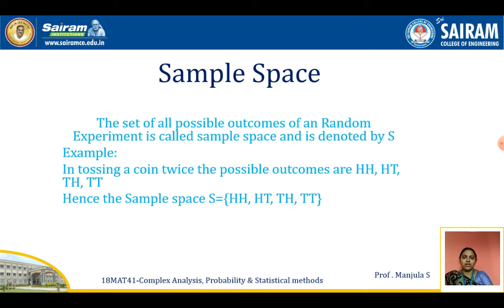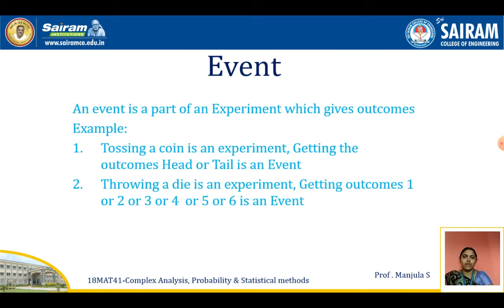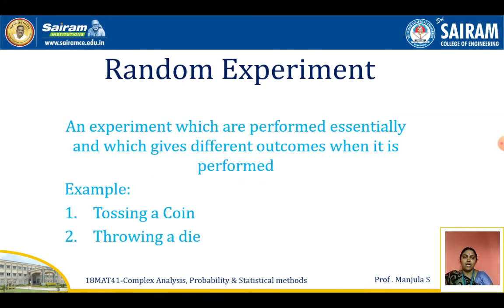Random experiment. Now, one by one, we'll see the basic definitions. The first thing is random experiment. What is meant by a random experiment? It is an experiment which is performed essentially and which gives different outcomes when it is performed.